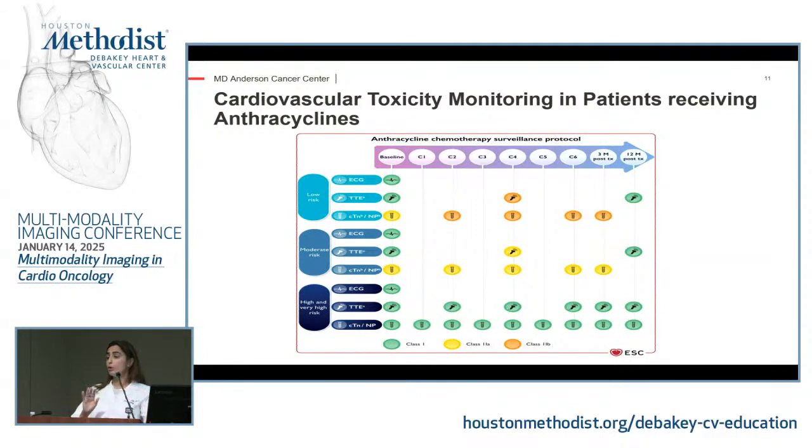And the reason, we'll touch upon it in a little bit, is that we do not want to interrupt chemo or their cancer therapy. The high-risk patients are getting imaged usually every other cycle, and then thereafter, after the 6th cycle, that's usually the conclusion of their anthracycline therapy, at 3 and then 12 months.